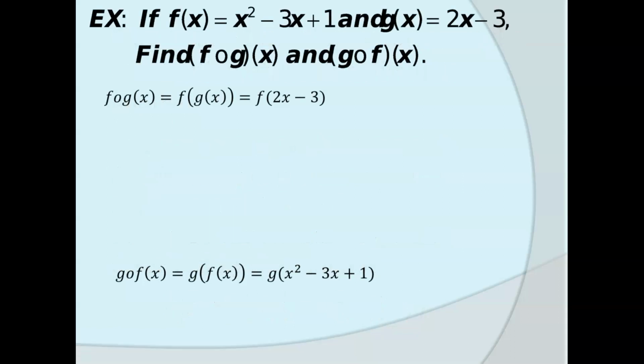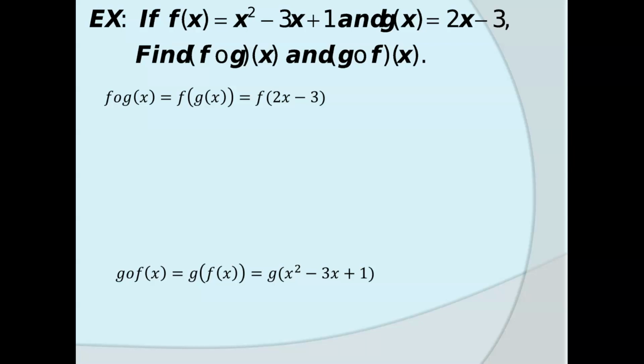So let's look at examples where we have f of x equals x squared minus 3x plus 1 and g of x equals 2x minus 3. We want to find both f of g and g of f. So what we're going to do is remember f of g of x equals f of g of x plugged in, which is the same as saying f of 2x minus 3.